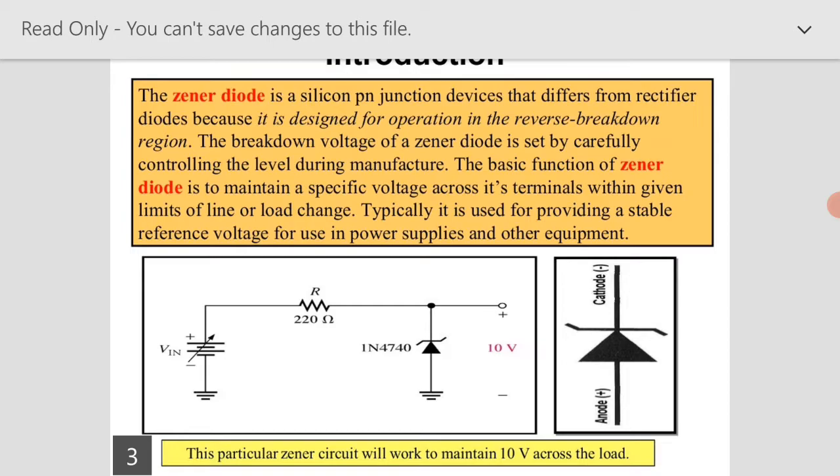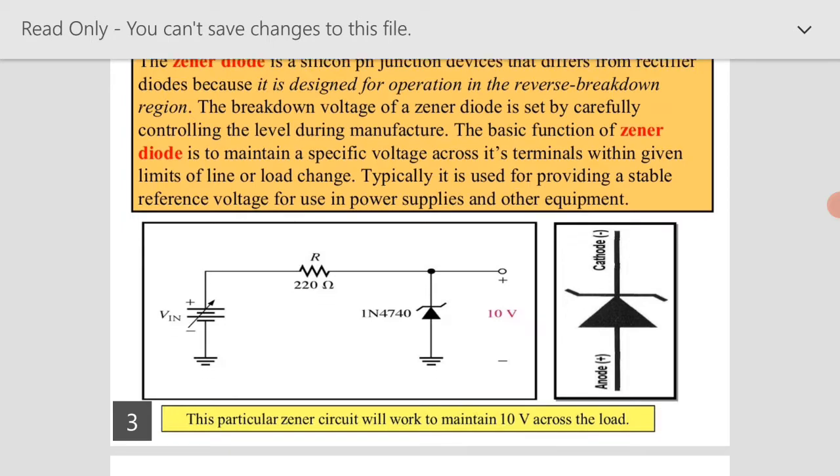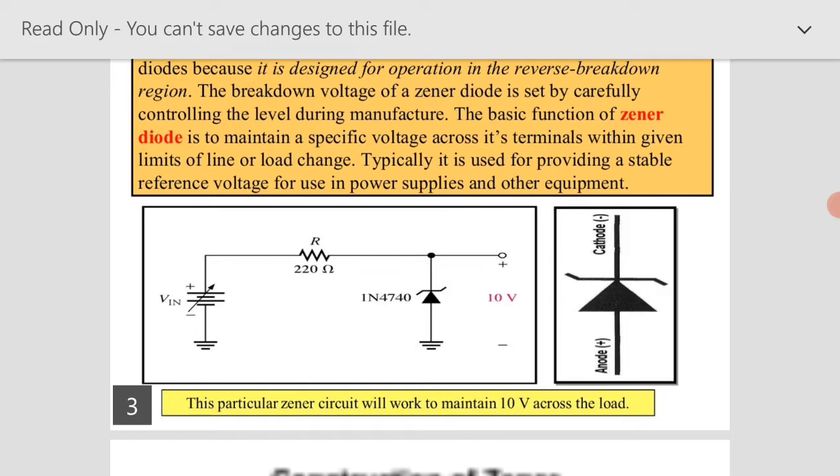The breakdown voltage of a Zener diode is set by carefully controlling the doping level during manufacture. The basic function of Zener diode is to maintain a specific voltage across its terminal within given limits of a line or load change. Typically, it is used for providing a stable reference voltage for use in power supply and other equipments.